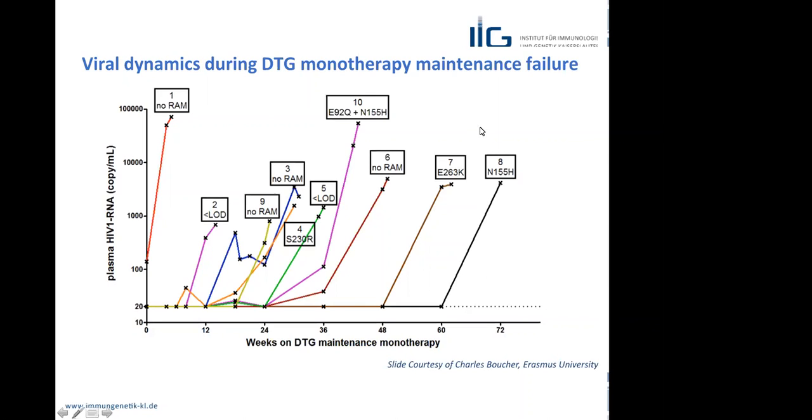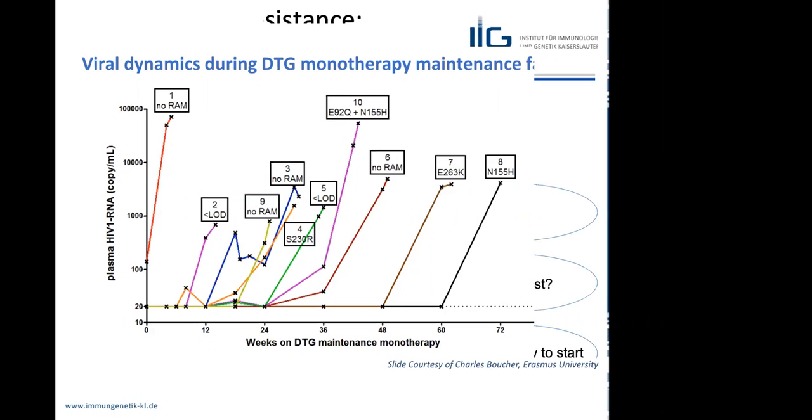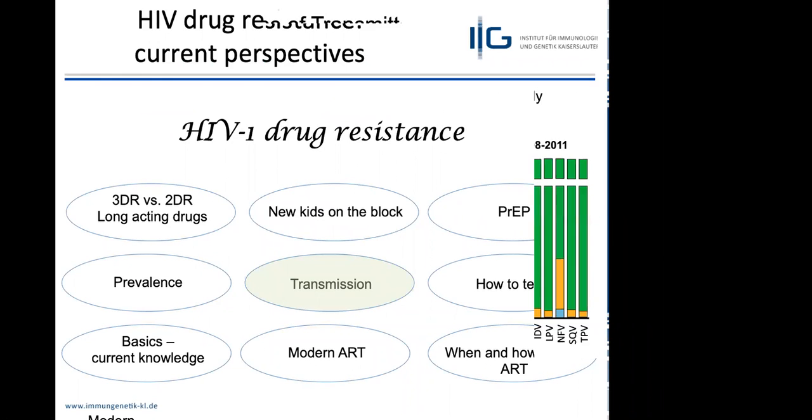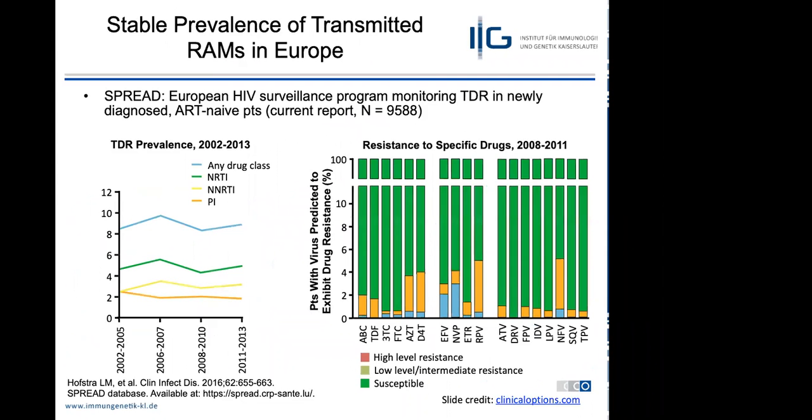So we do see an effect, but if you would only look at one of these viruses, especially this virus with one mutation, and test phenotype, it would not be sufficient to detect HIV drug resistance in phenotypic assays. So the next topic we have to talk about is transmission of drug resistance mutations.